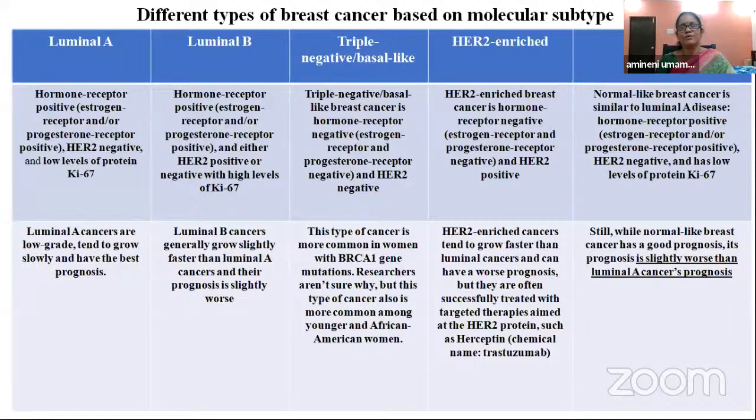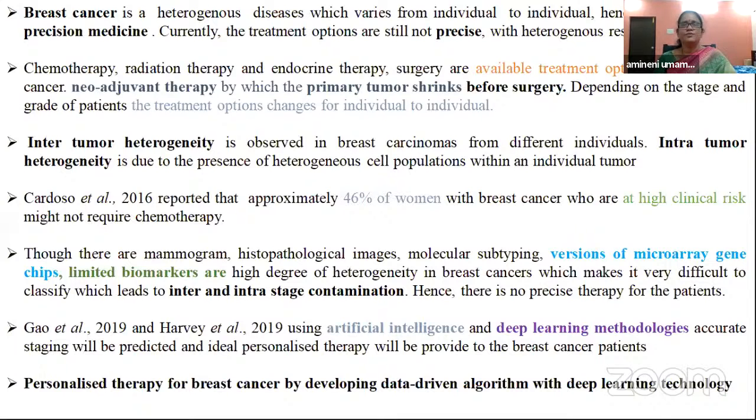Both are the same, but the luminal A condition is not that severe, and the normal-like is more severe in condition. So we have this many different types of cancers, and as I already told, it is a heterogeneous disease differing from individual to individual.